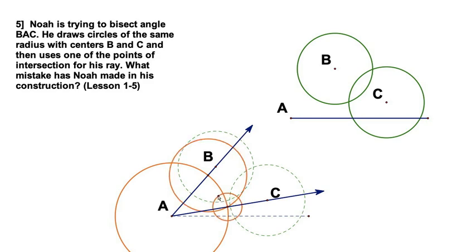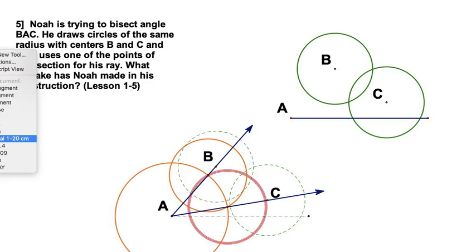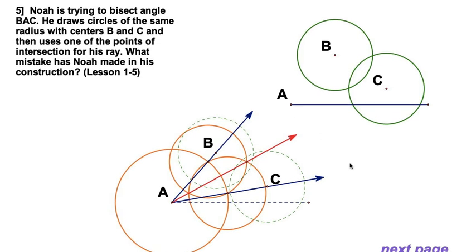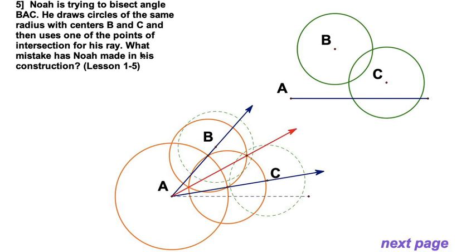And I'm going to swing the compass from here to here. And there's our 1, 2, 3 swings. That's my intersection. And let me grab that ray tool. And that is my angle bisector. Easy squeezy.